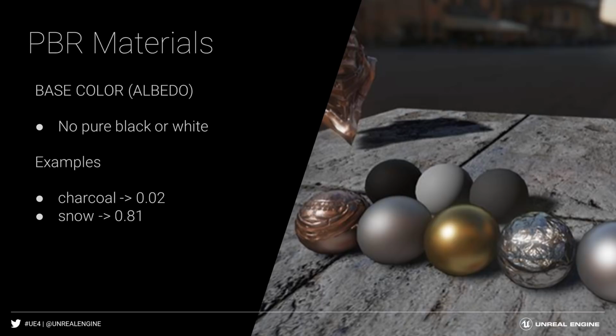For example, charcoal is considered one of the darkest surfaces known to man, and its intensity value is about 0.02. So it's not all black, it's not just zero. Likewise, snow, considered one of the whitest surfaces known to man, has an intensity value of about 0.81. You don't want to work with the extreme values of black and white because they will make your images look less realistic. Let's jump over into Unreal and look at a quick example of that.